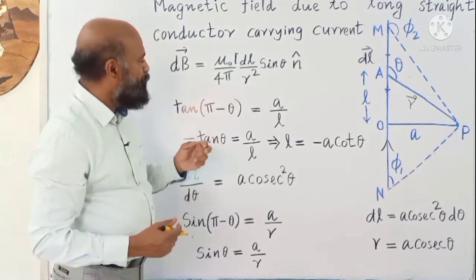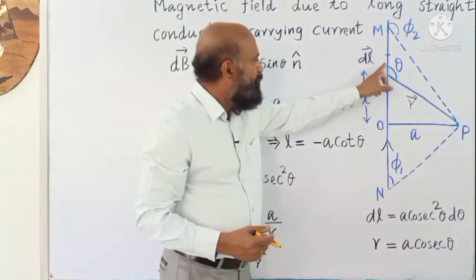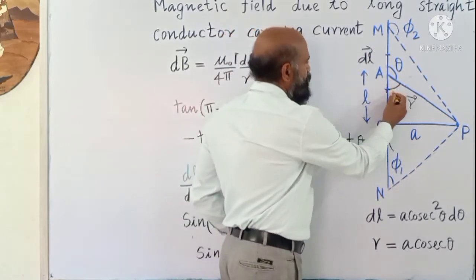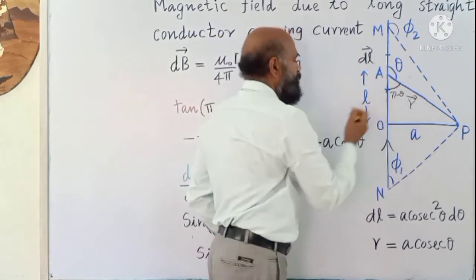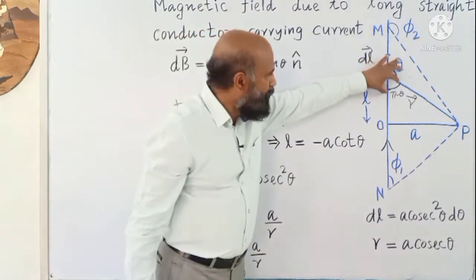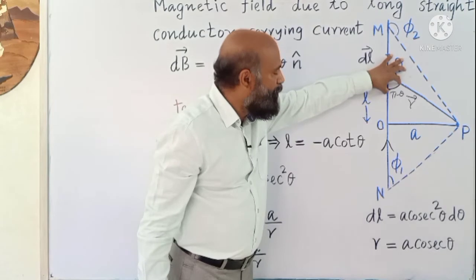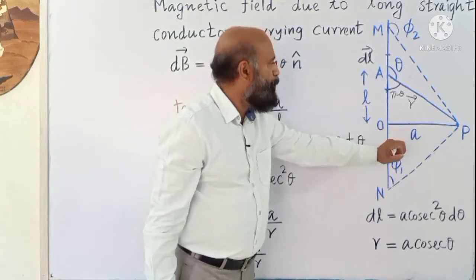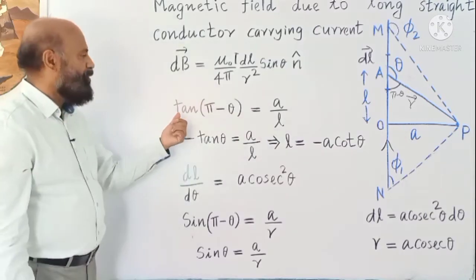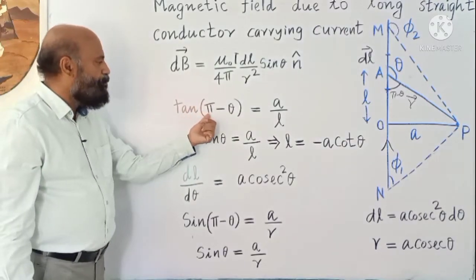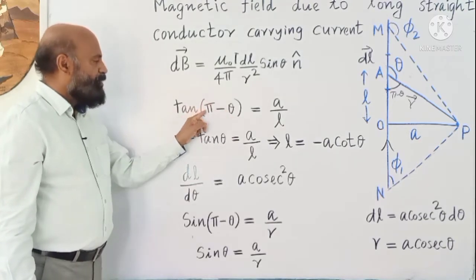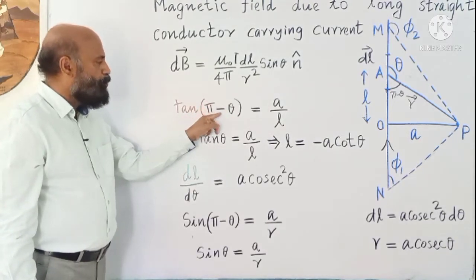For that we can use trigonometry. Here the angle will be pi minus theta. So tan of pi minus theta is opposite side by adjacent side, so you can write a by l. Tan of pi minus theta can be written as tan of 2 times pi by 2 minus theta.